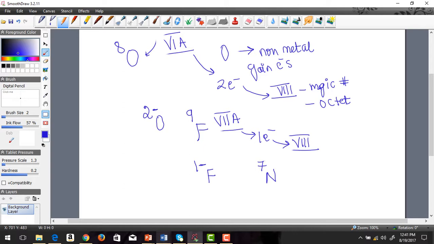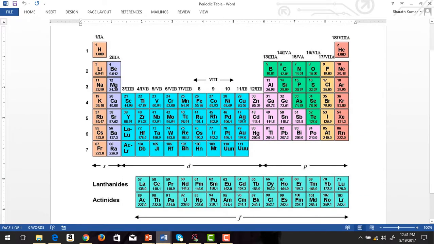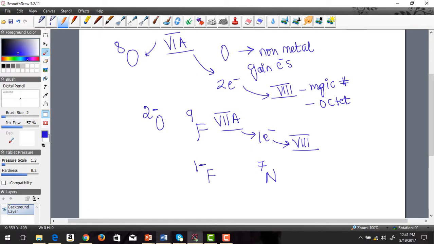And to get to 8, it needs 3 electrons. That's why N is 3 minus. These are pretty standard. I don't know of any exceptions to it, like nitrogen being N 4 minus or F being F 2 minus.